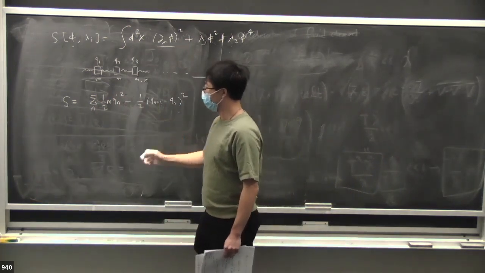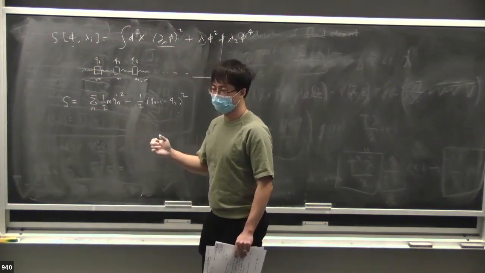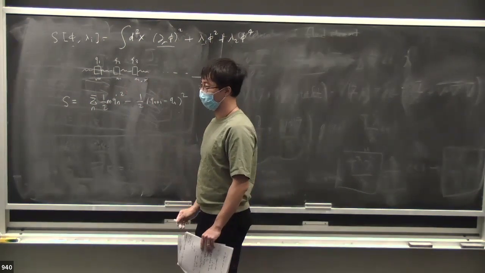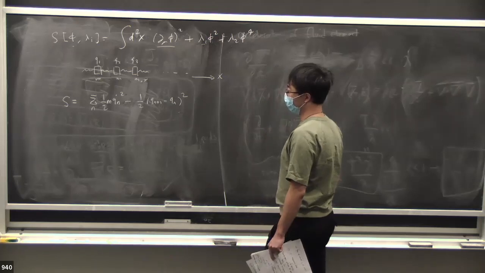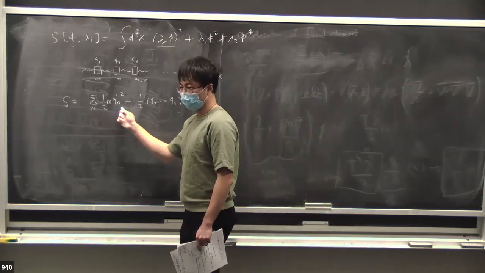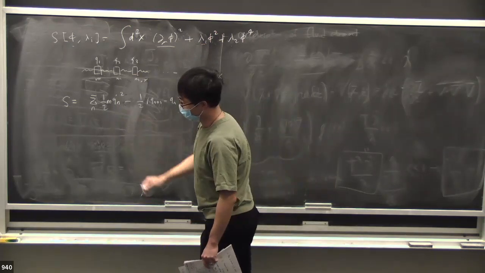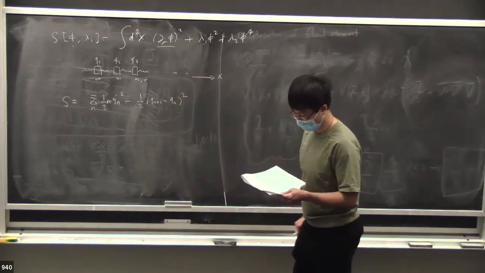If you have a finite system, then this sum truncates. So this describes the force, the potential between these adjacent oscillators. So if the sum truncates, that's a usual quantum mechanical system.